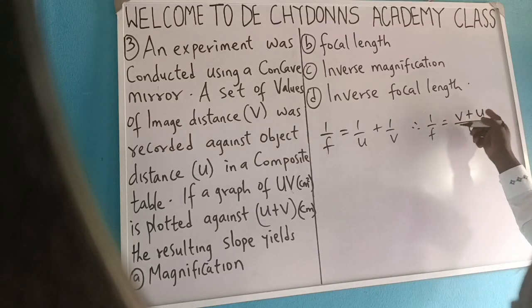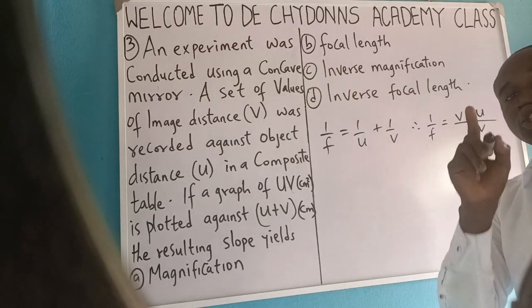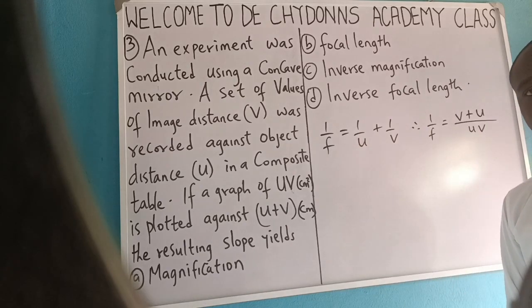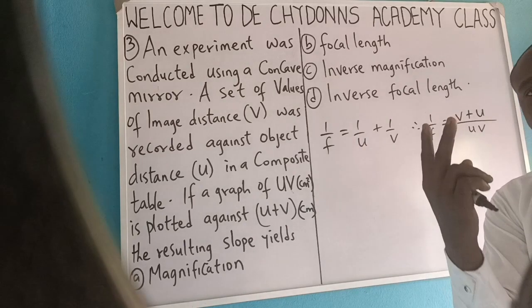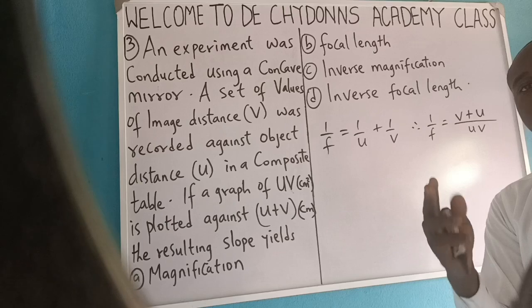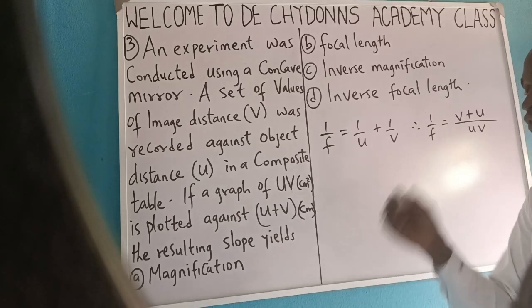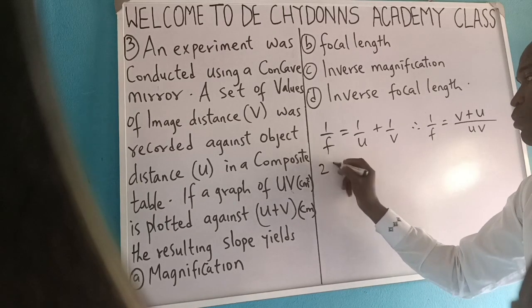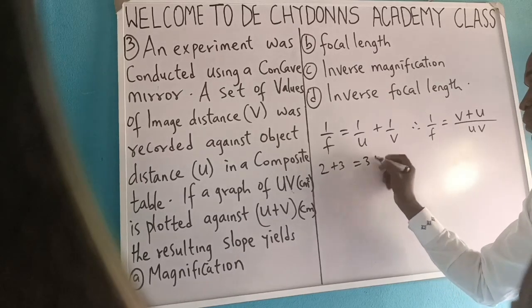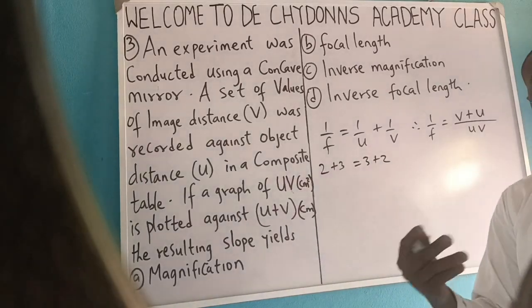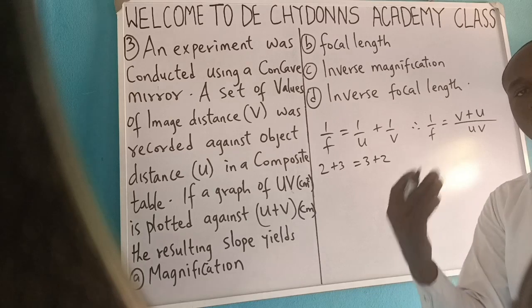Now v plus u is the same thing as u plus v. Why do we say that? Addition of two numbers is said to be commutative. Look at what we mean: 2 plus 3 is equal to 3 plus 2. Addition of two numbers is said to be what? Commutative.